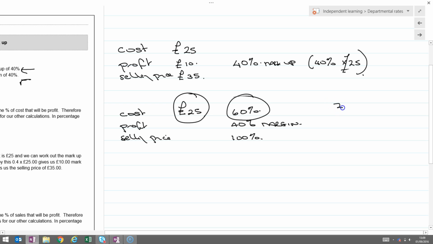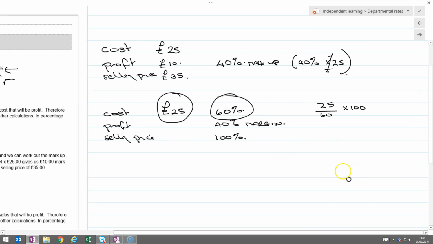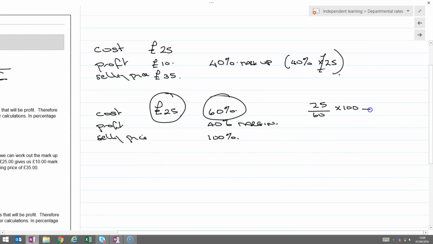So if we take our £25, divide it by 60, that tells us what 1% is. Then multiply it by 100, and that tells us what 100% is. And 100% is £41.67. So that is 100%.